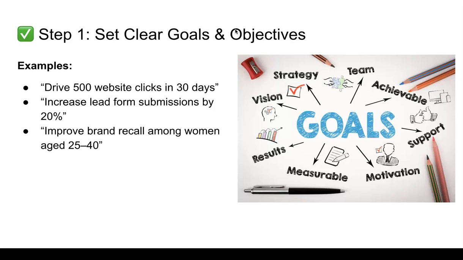For example, here are some goals that we have. If you want to drive 500 website clicks in 30 days, that's a pretty specific and measurable goal. If you want to increase lead form submissions by 20%, or you want to improve brand recall amongst women between the ages of 20 to 40.